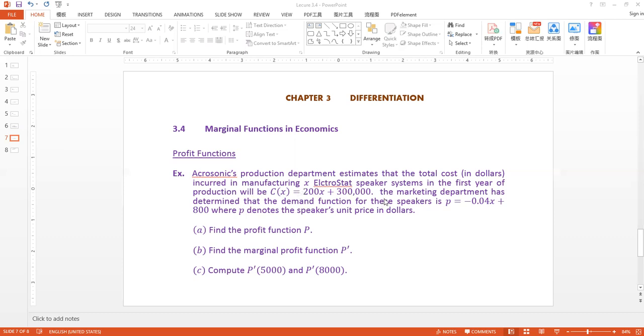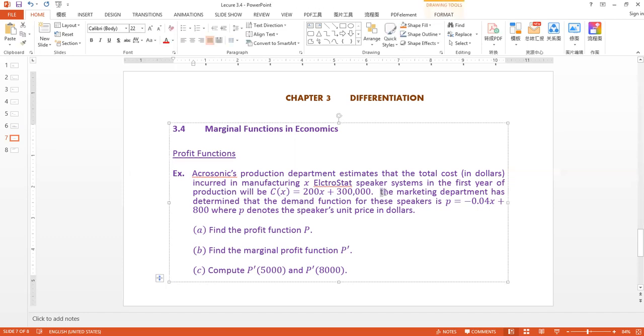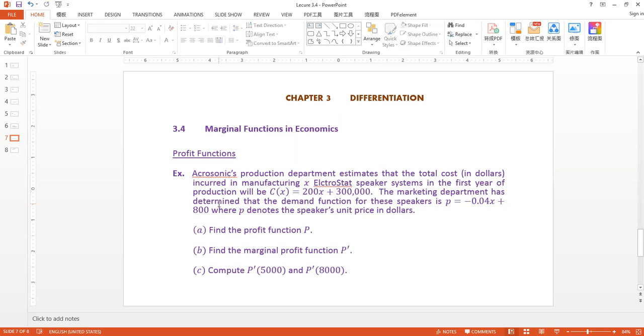And then the marketing department has determined that the demand function for these speakers is p equals negative 0.04x plus 800, where p denotes the speaker's unit price in dollars.